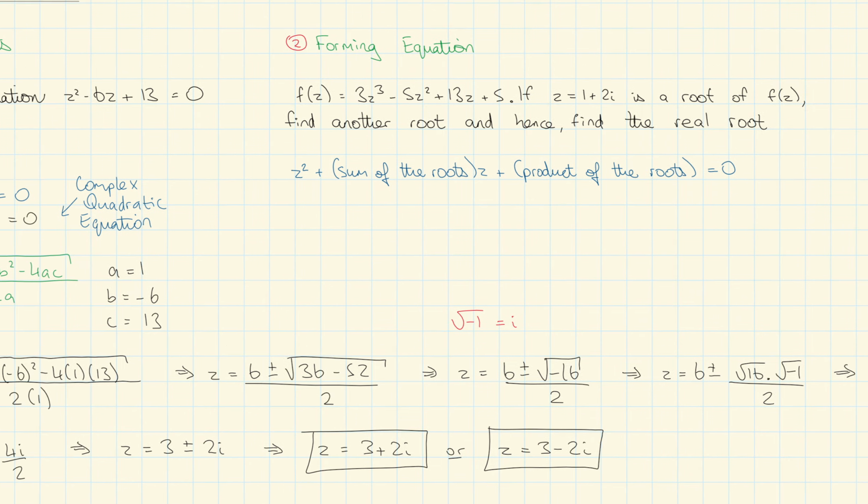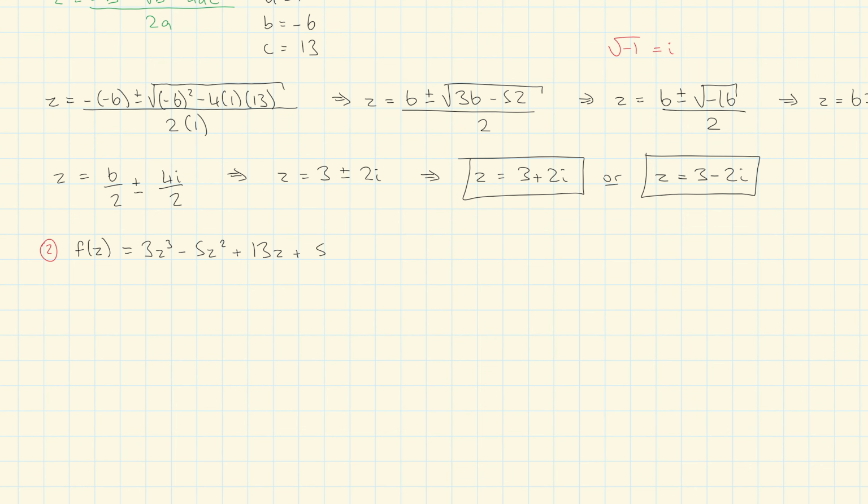Okay, so we have 1 plus 2i is a root, and then 1 minus 2i is my other root, and to form an equation it's z squared minus the sum of the roots multiplied by z plus the product of the roots equals 0.